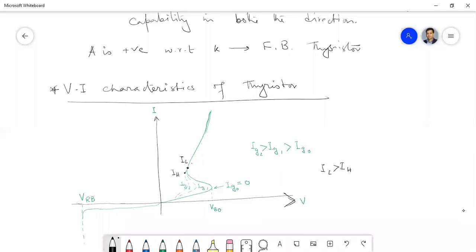And what is this VB0? Can anybody tell me?